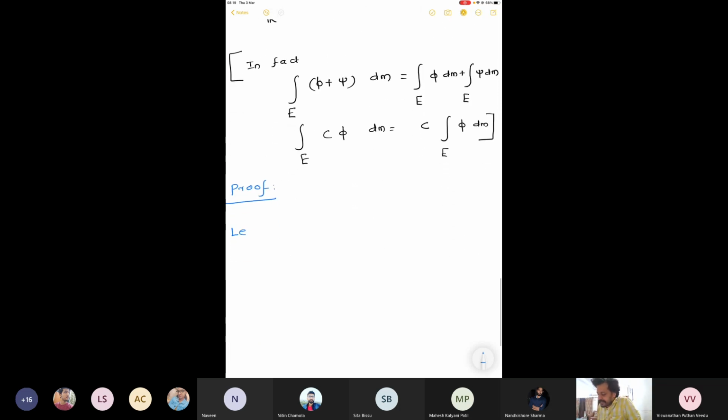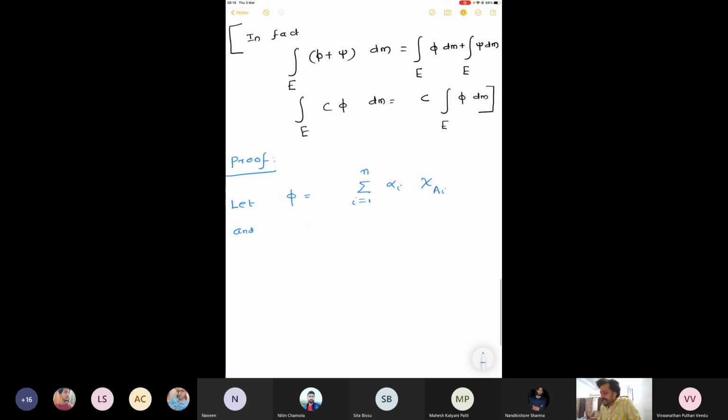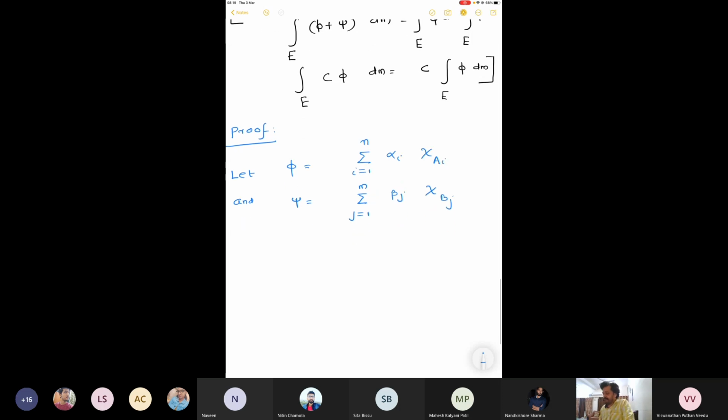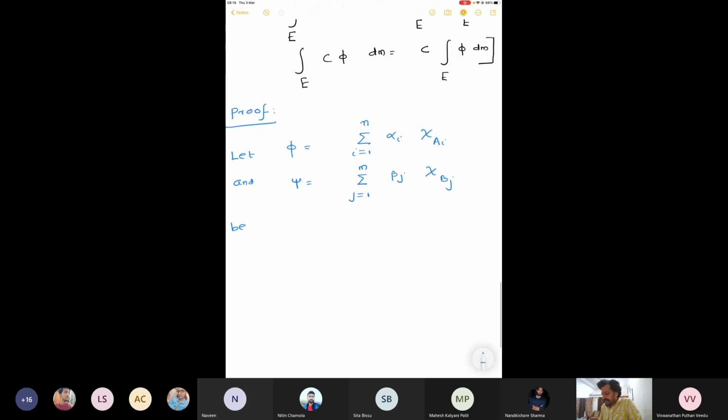So I'm going to write it in that form in which we can integrate phi. Let phi be equal to summation i equals 1 to n of alpha i chi A_i, and psi is equal to summation j equals 1 to m of beta j chi B_j.